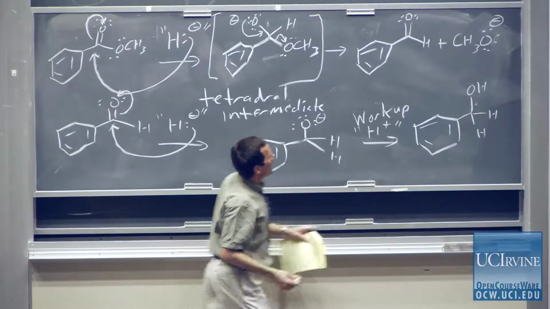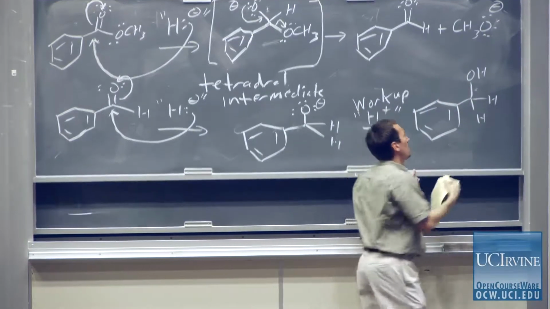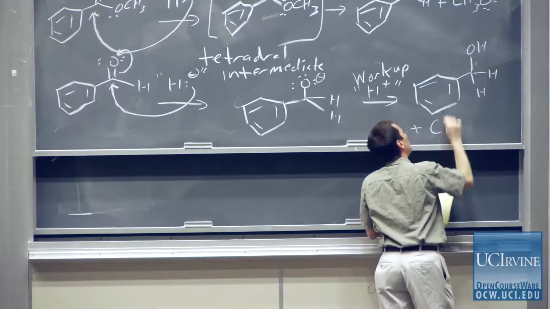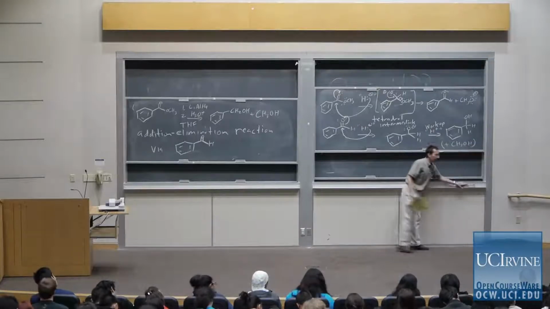And the other product of the reaction is we'll also protonate our methoxide. So the other product of our reaction is methanol. And I'll just put that in parenthesis here.